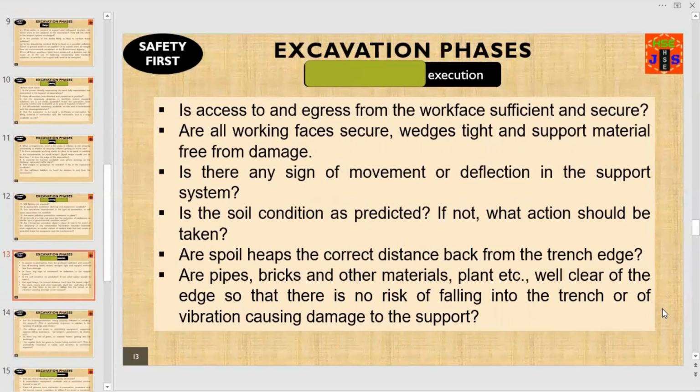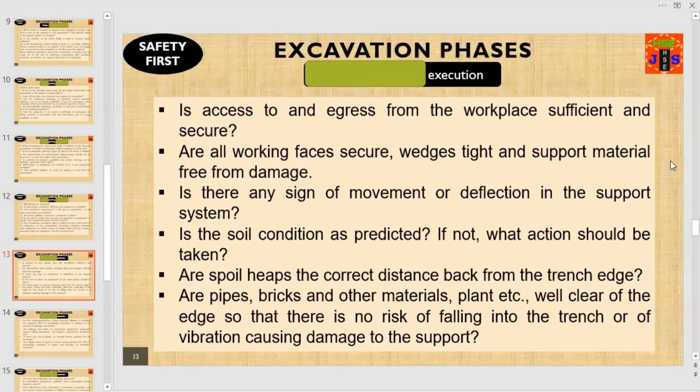Once we are starting the excavation, what we have to consider during the excavation process is: is access to and egress from the workplace sufficient and secure? Are all working faces secure, wedges tight, and support material free from damage? Is there any sign of movement or deflection in the support system?